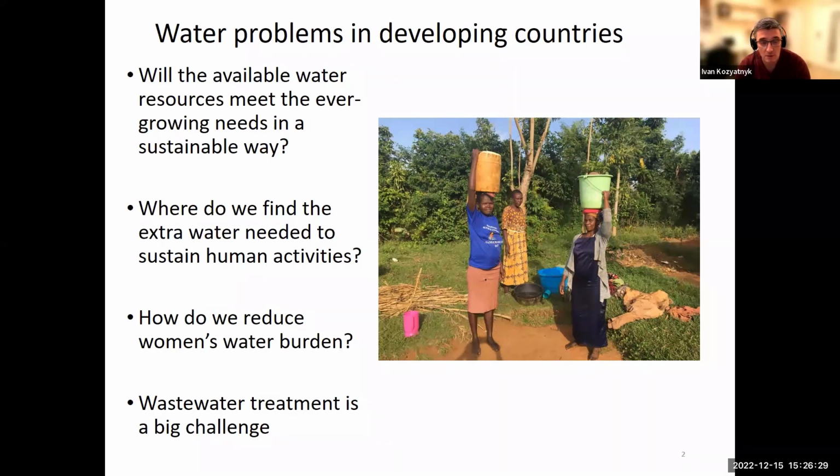And for developing countries, how do we reduce women's water burden, because basically all these problems lay on their shoulders. They need to carry this water for a long distance, and quite often this water is not of proper quality. So there are plenty of such questions in these countries.